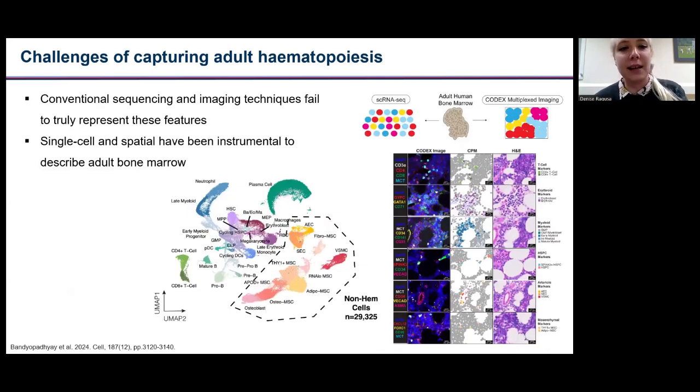And single cell and spatial technologies have really helped the hematopoietic community to truly map and characterize what a normal adult bone marrow looks like. It is interesting that from single cell RNA sequencing, they've been able to reconstruct all these cell types that I was telling you about, and importantly, we now understand that the non-hematopoietic component of the bone marrow is almost equally strong as the hematopoietic output.